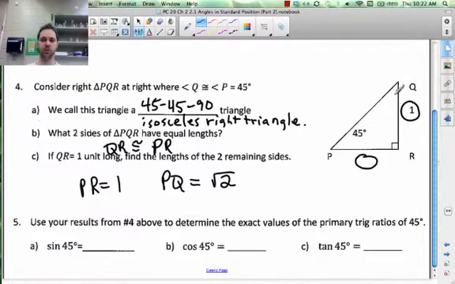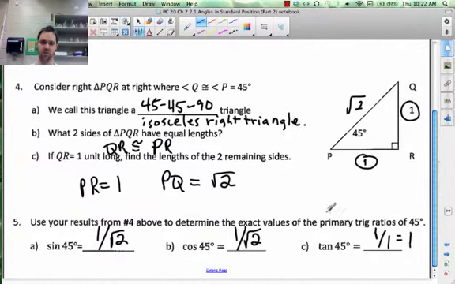The values are going to be the same because opposite and adjacent are equivalent to each other. And sorry, sine is opposite over hypotenuse, not adjacent. So sine of 45 would be 1 of the legs, over the hypotenuse, which is root 2. Cos 45 would be 1, which is one of the two legs, over the hypotenuse, which is root 2. Tan 45 would be opposite over adjacent, which would be both of the two legs, which would be 1 over 1, which is obviously 1.